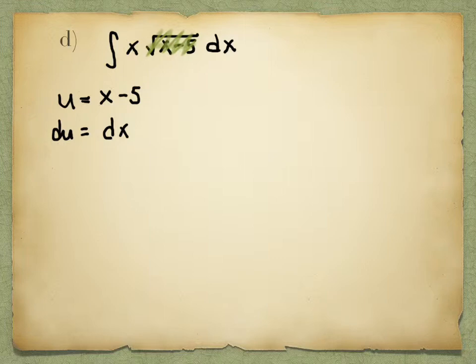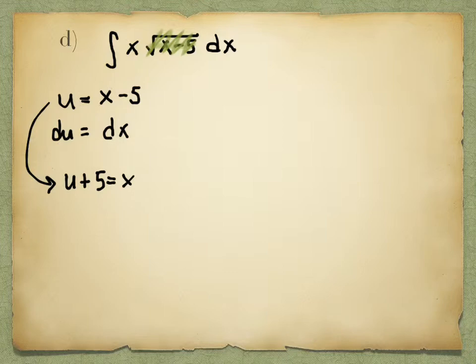Well, this is one of those ones, and we've seen this process before, where we take the description for U and rewrite it in terms of x. So we would add 5 to both sides, and we would find out that U plus 5 equals x. And you might say, well, how does that help?